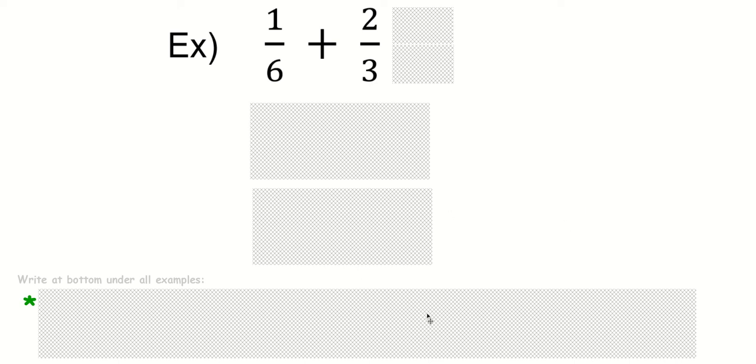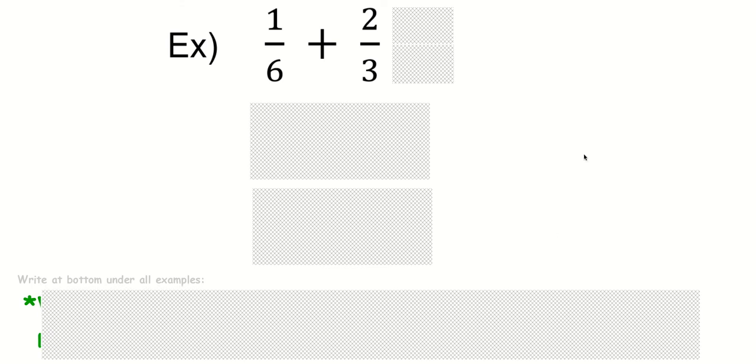And again, hopefully by now you've forgotten what's behind this box, but here's what you can do. You can multiply whatever you need to this denominator, right? And in this case, if you multiplied it by 2, it would become a 6.